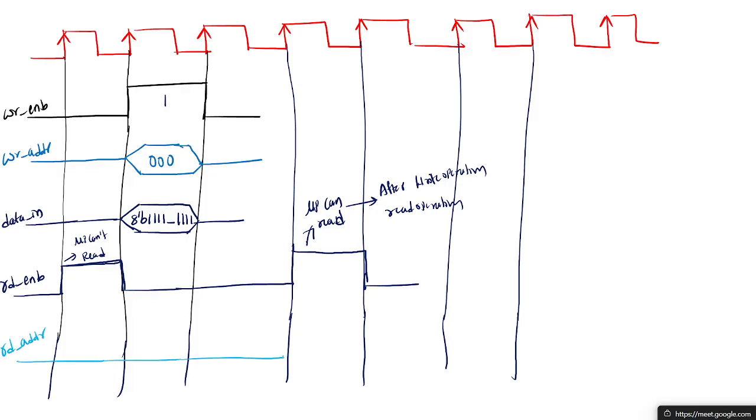Here what I am getting is my address, this is 000. From this address, whatever data is there, the microprocessor wants to read that data. So this is the timing diagram related to write operation and read operation.